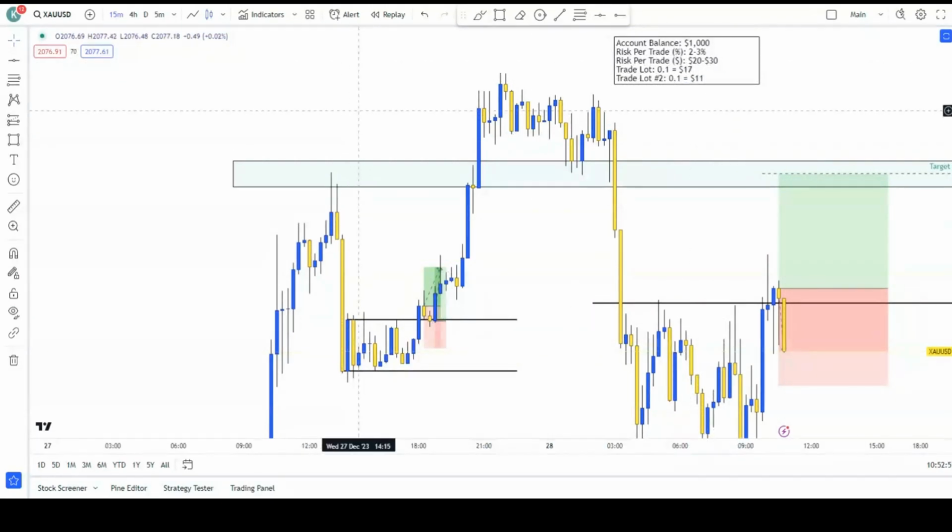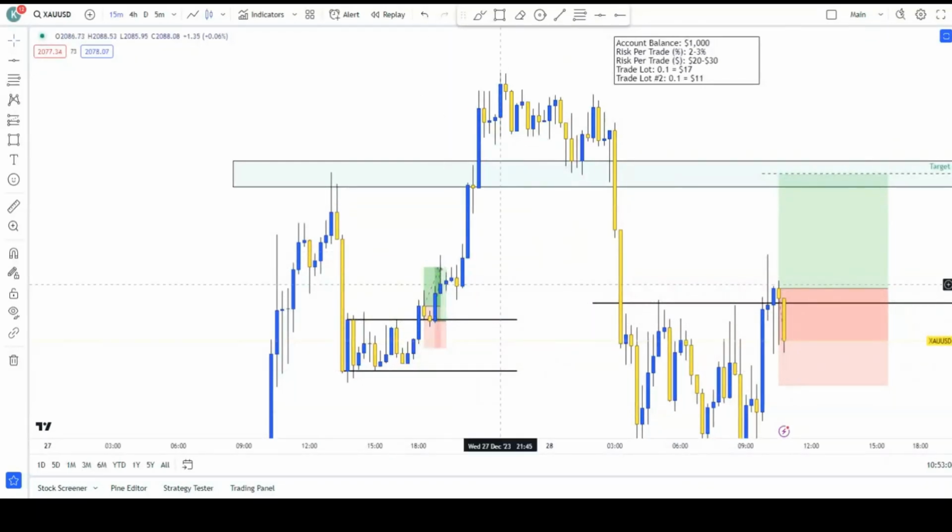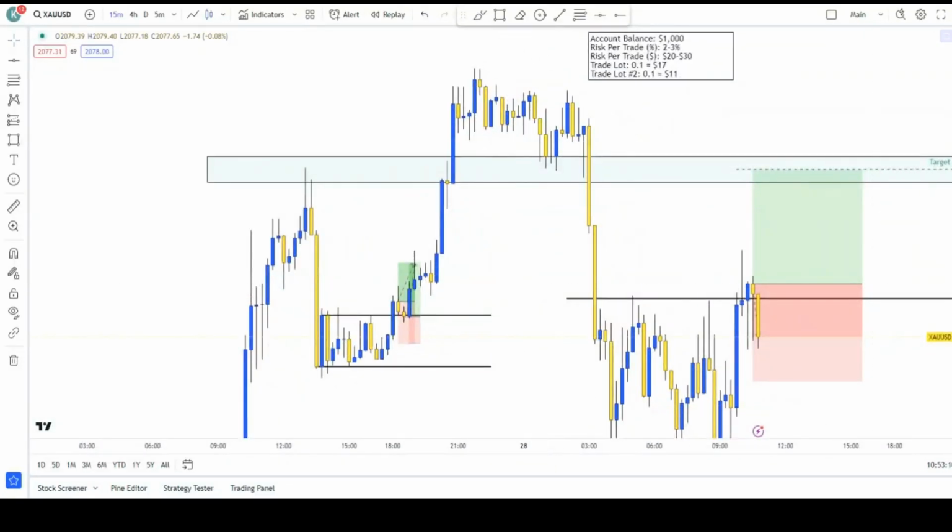So this, I think, was a high probability trade just because of the overall bullish bias for gold. And yeah, it played out nicely. As you see, as I entered, it spiked up, and I wasn't in the second trade more than 30 minutes. So that was a really good trade.